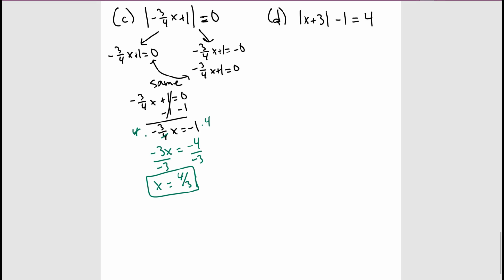What you want to do first, and I'm going to write it in red, is isolate the absolute value first. That's the first thing you want to do before you start separating it.